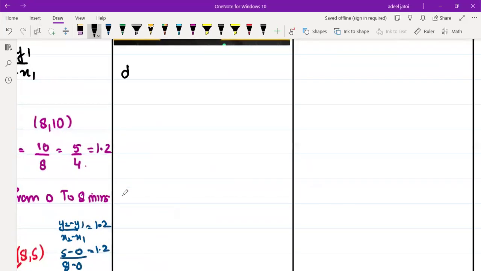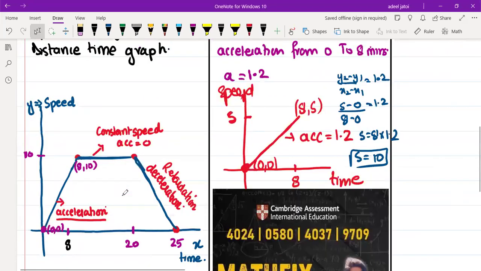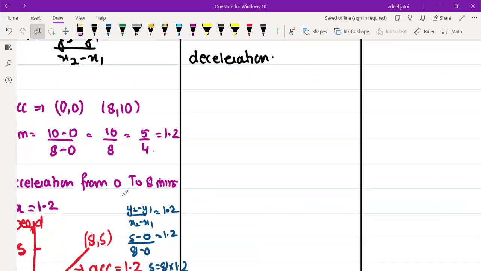Again, deceleration will be based upon the calculation through the gradient method, using 20, 10 and 25, 0. Because these were the two coordinates when the deceleration started, and it will go till the end.